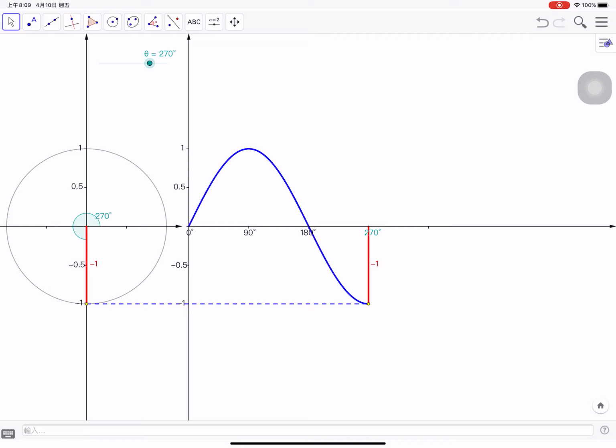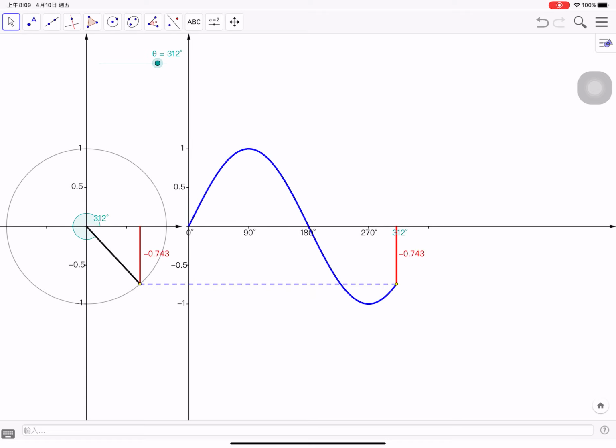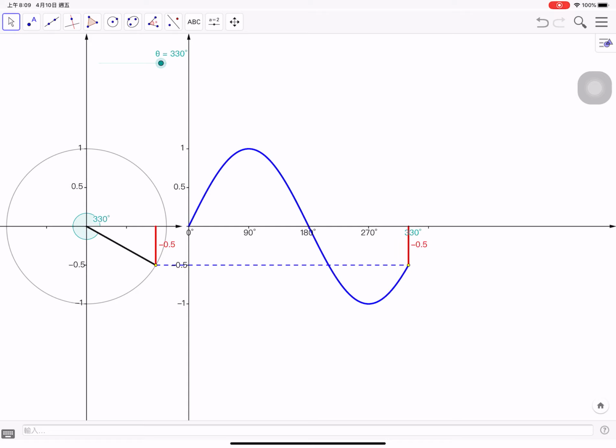Sine 270, negative 1. And then go back. 300 degrees, negative root 3 over 2. 315, negative root 2 over 2. 330, negative 1 over 2. How about 360? Sine 360, that means sine 0, goes back to 0.